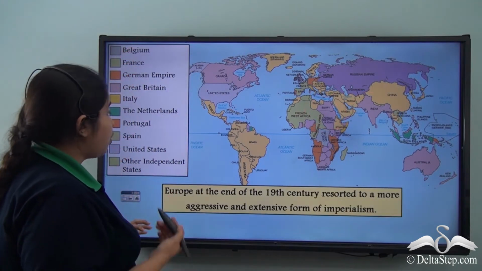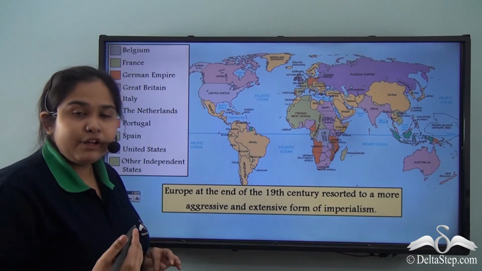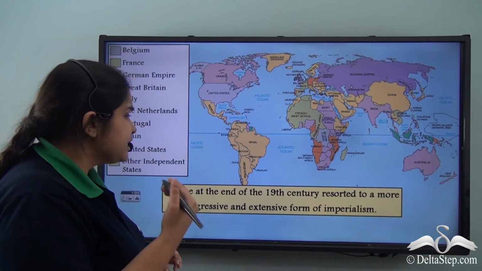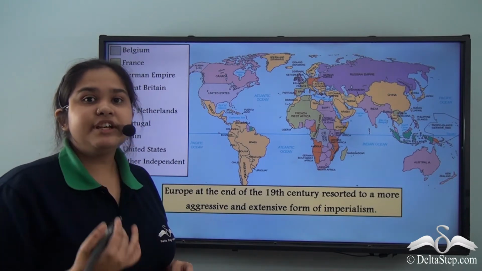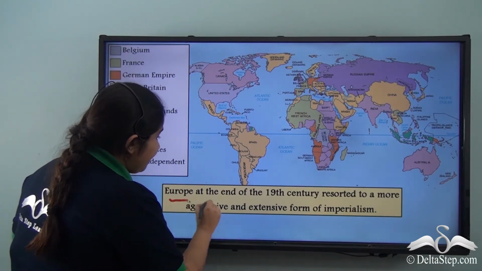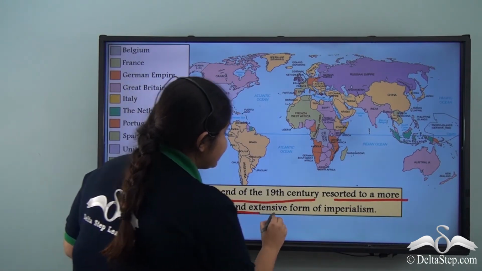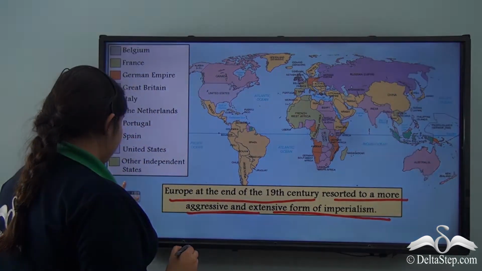But this colonization, this age of imperialism, became more aggressive in terms of military acquisition as well. So Europe at the end of the 19th century resorted to a more aggressive and extensive form of imperialism.